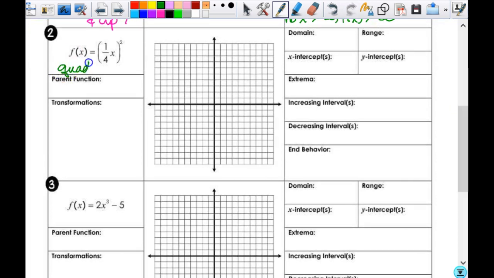Quadratic. Equals x squared. Good, good, good. Our parabolas and others.